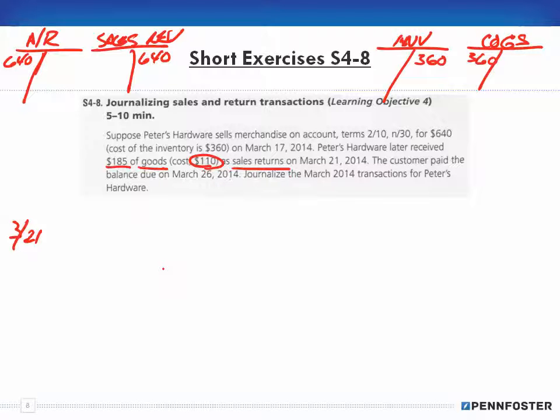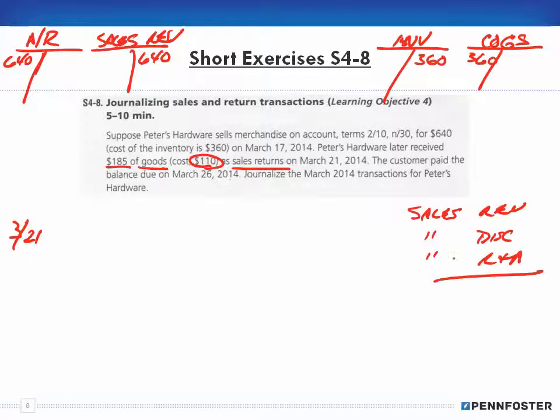And remember from the previous videos, you look at your chart of accounts, and if all you have is just a sales account, a sales revenue account, then that's all you use. But a lot more businesses will have a sales revenue account, a sales discount, and a sales return and allowance.